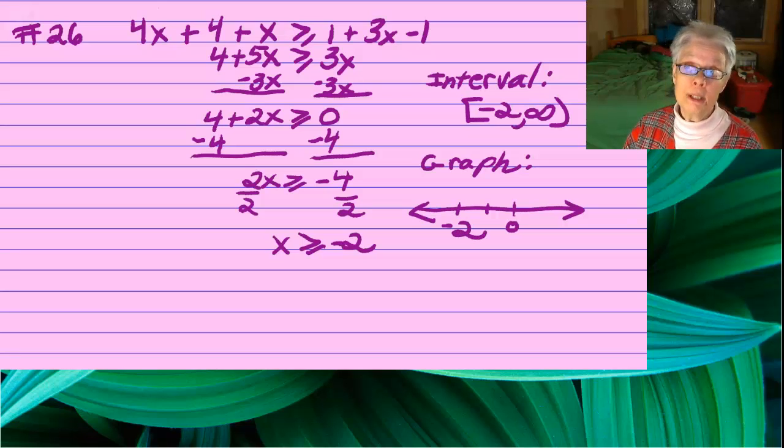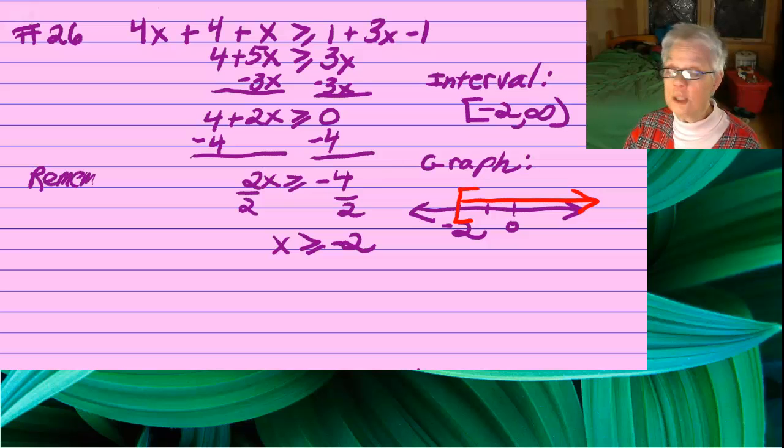All right, we're also going to have to graph this. We'll write the graph with the bracket at negative 2 and an arrow extending to the right. Goes in the same direction as greater than or equal to. Inequalities with greater than or equal to always take brackets.